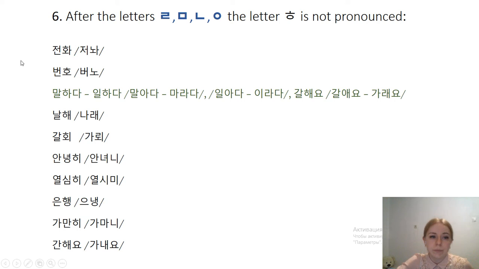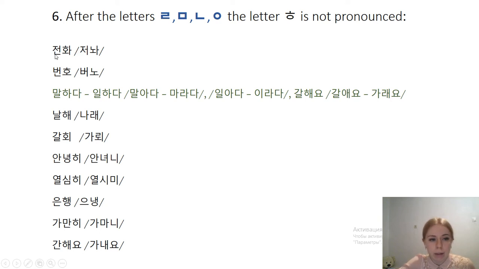In these cases, you see 전, and then it's h sound. If you see such a combination, you don't have to read h. So we have to read it like in a transcription. It's 전화.